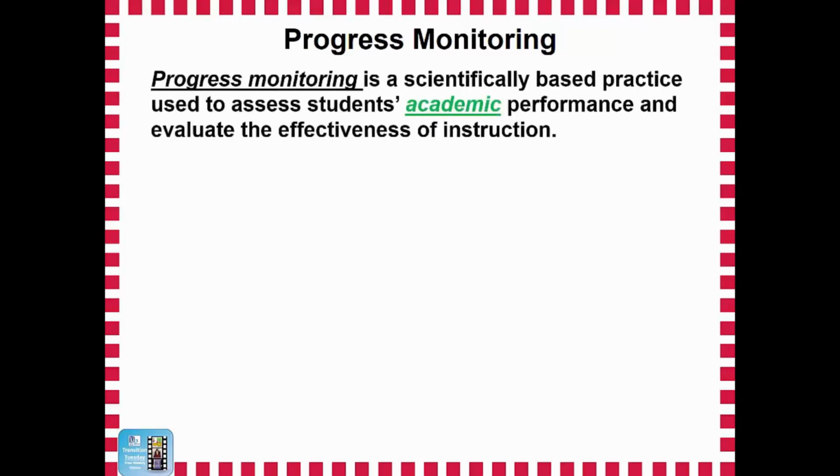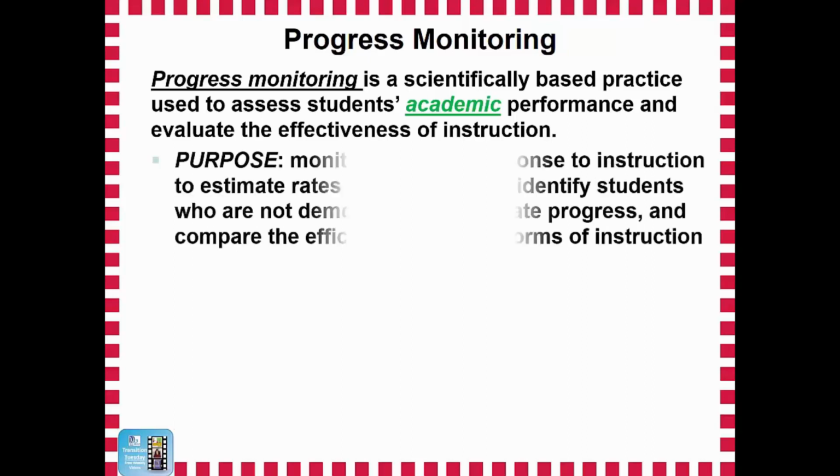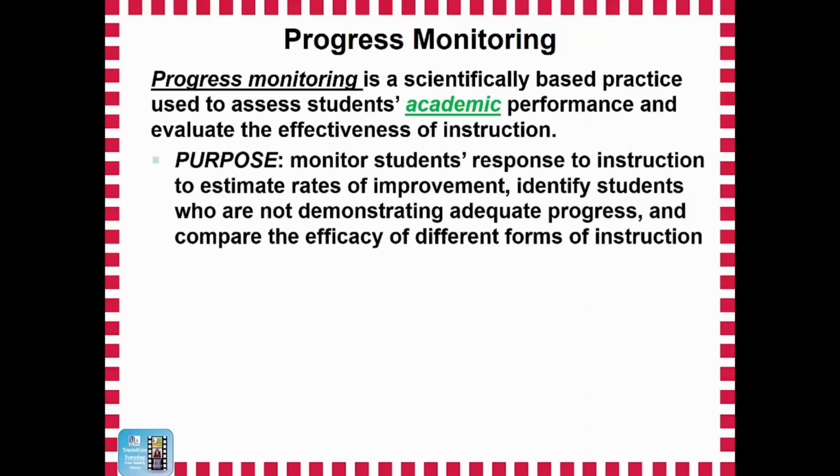Progress monitoring is a scientifically based practice used to assess students' academic performance and evaluate the effectiveness of instruction. The purpose is to monitor students' response to instruction to estimate rates of improvement, identify students who are not demonstrating adequate progress, and compare the efficacy of different forms of instruction.